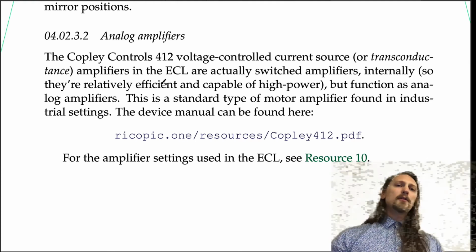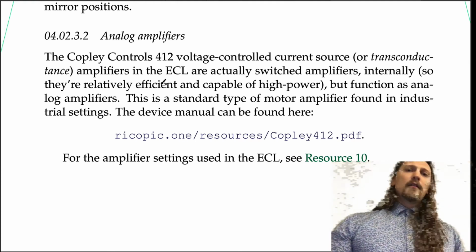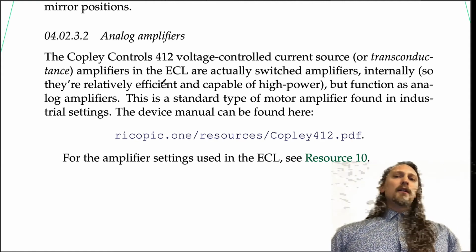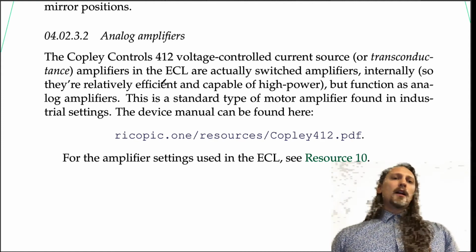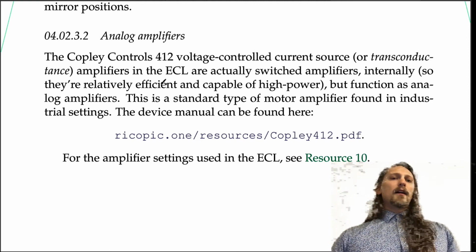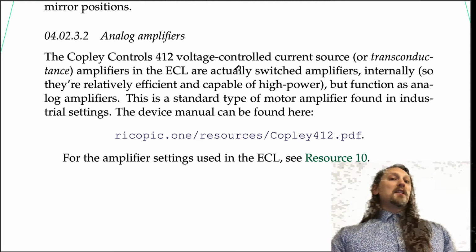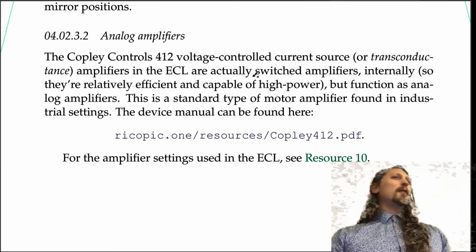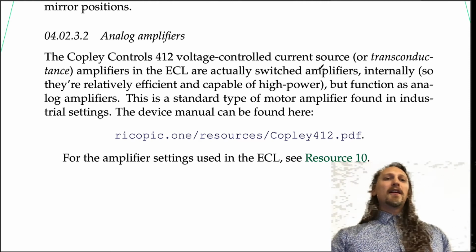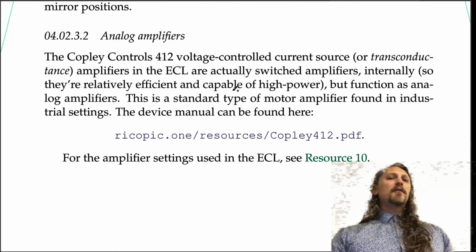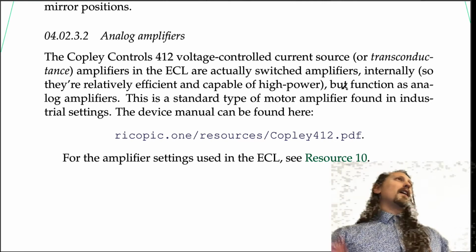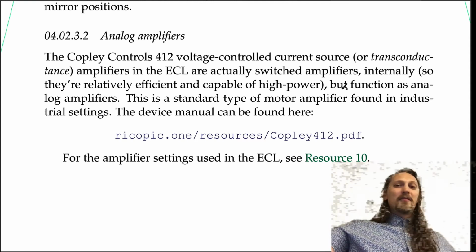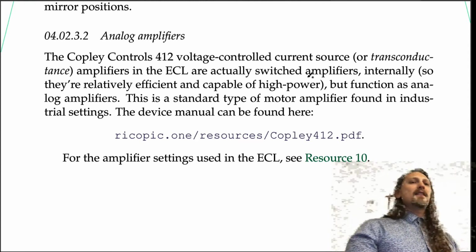There's a Copley Controls 412 voltage controlled current source, which is also called a transconductance amplifier in the lab, and they're actually switched amplifiers down at the heart of them. So internally, they're actually quite efficient, but on their outputs they spoof being an analog amplifier. So they function as analog amplifiers.